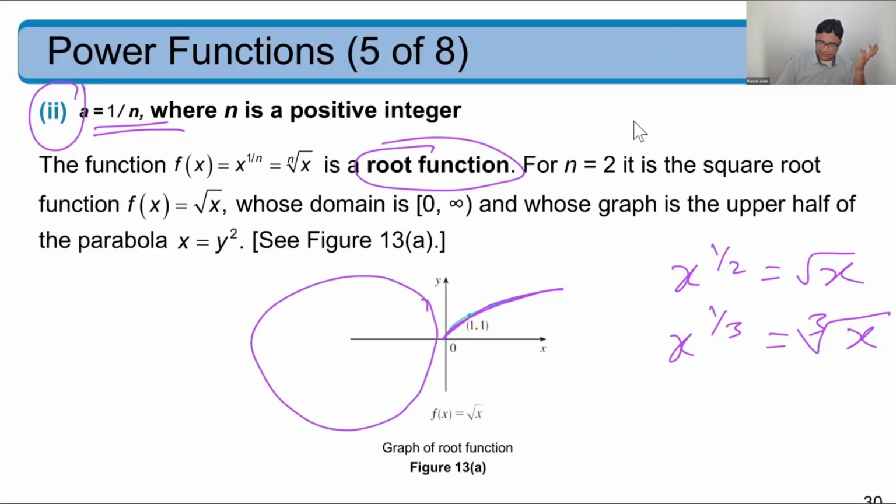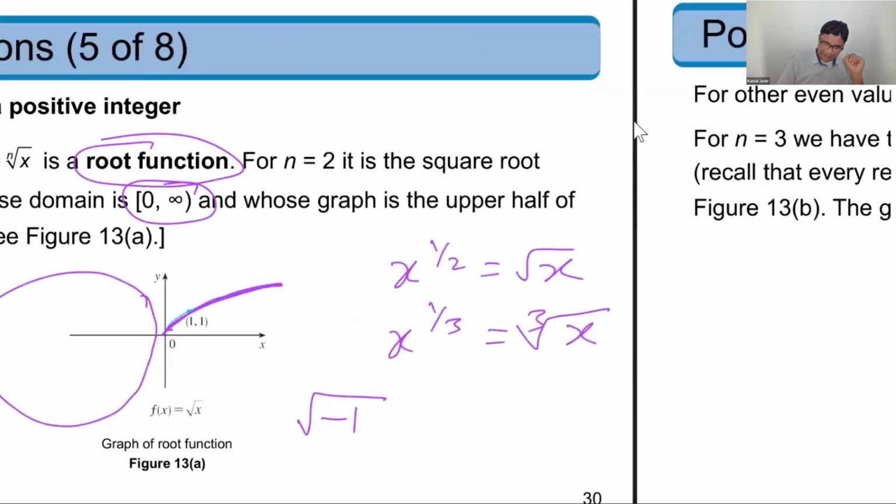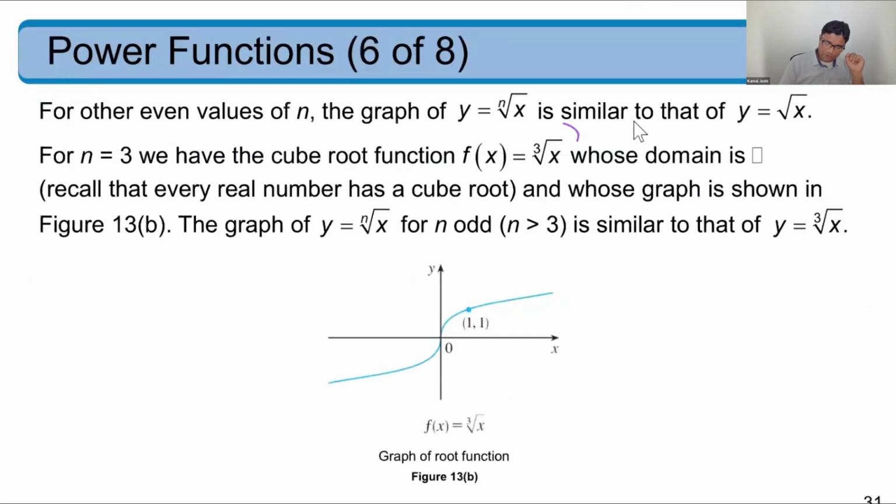Why? Because you cannot define square root of -1 or any other negative number. Hence, your domain is only from 0 to infinity. That's what is being discussed. Whereas, if you take an odd root, like cube root of x, the cubes had both positive and negative values, right? So the cube roots are defined for both positive and negative.